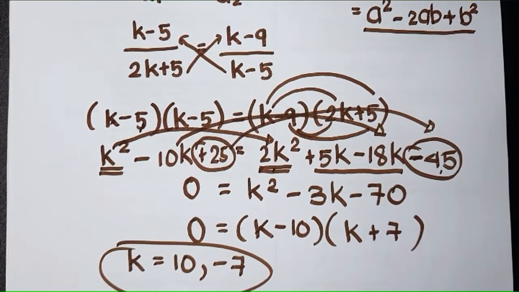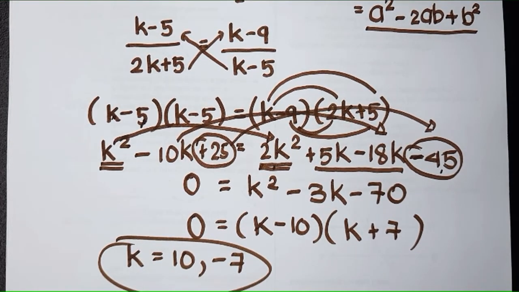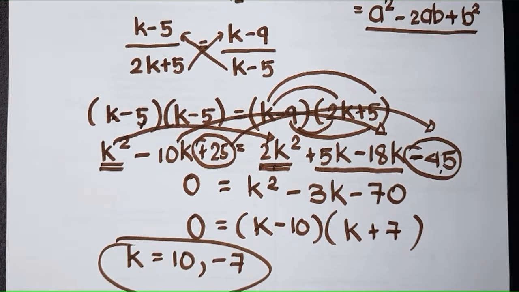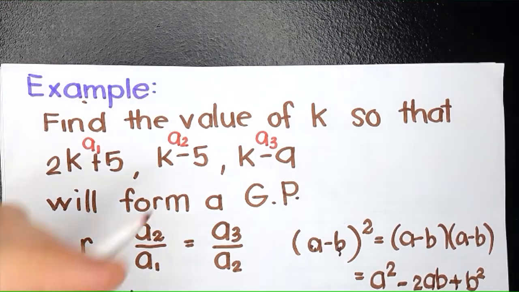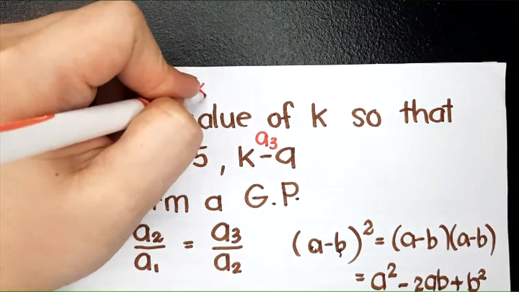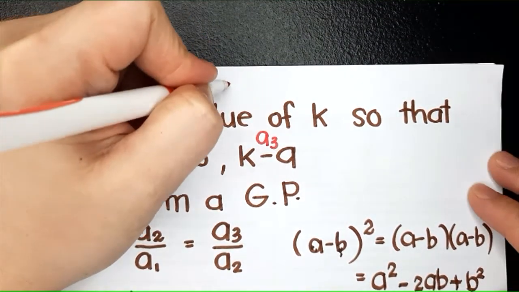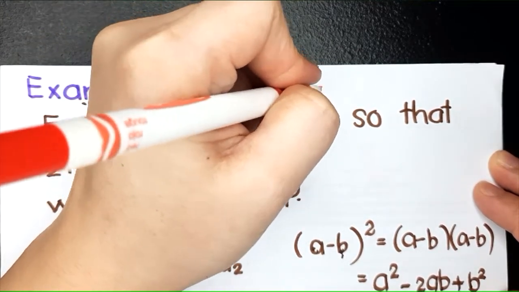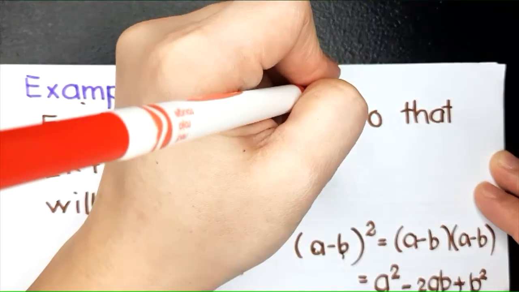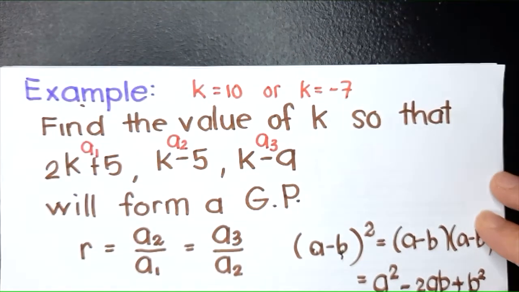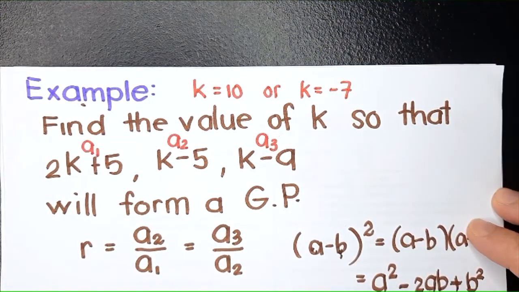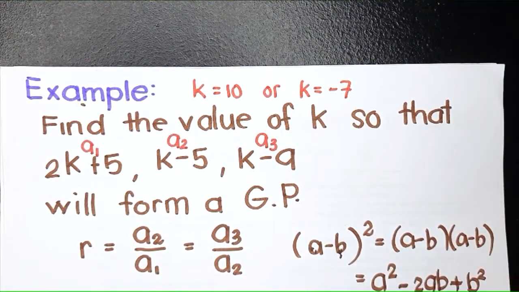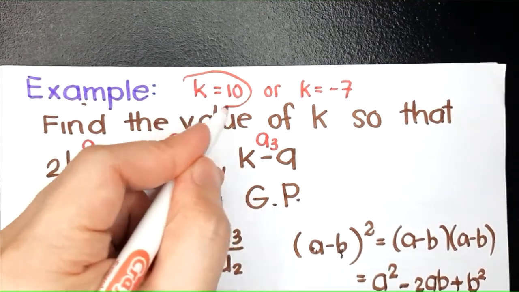Okay? So, what would our sequence of numbers look like? Let's go back to the problem. The values of k that we solved can be 10 or k equals negative 7. Okay? So, we have two possible sequences of numbers. Let's try k equals 10.